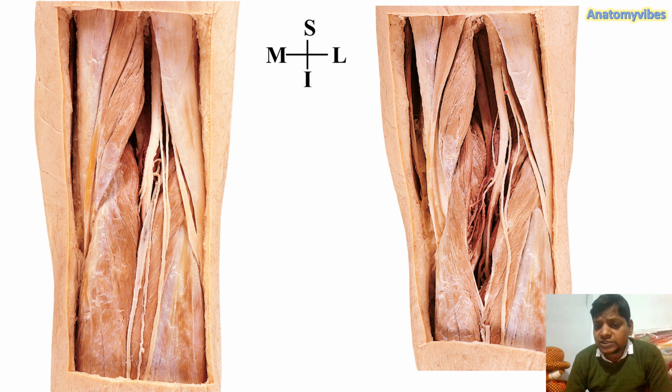And deep to these nerves we have vein along with the artery, popliteal vein, popliteal artery, and artery is the deepest structure here. Popliteal artery will be deepest, close to the bone. So hope you have understood the boundaries of the popliteal fossa.